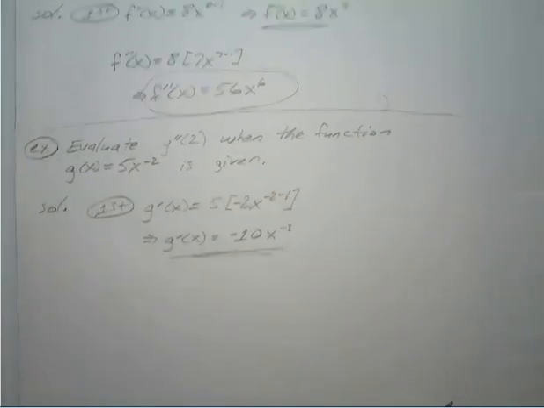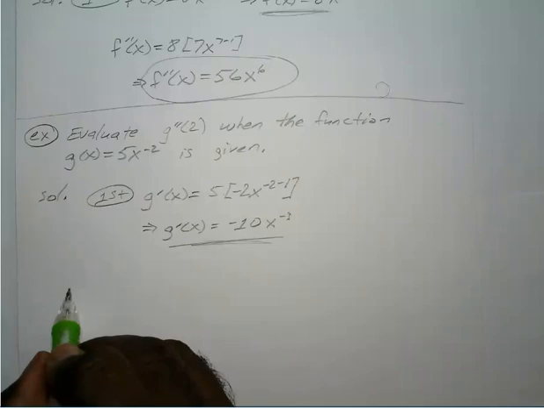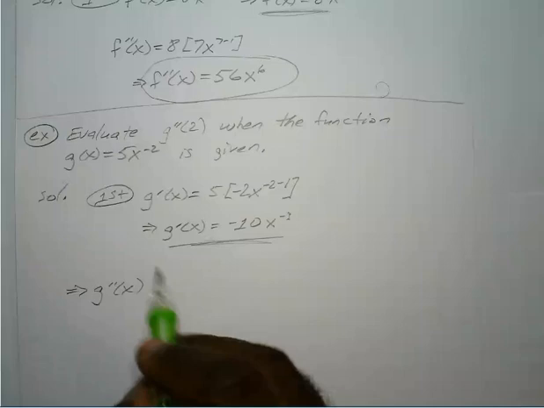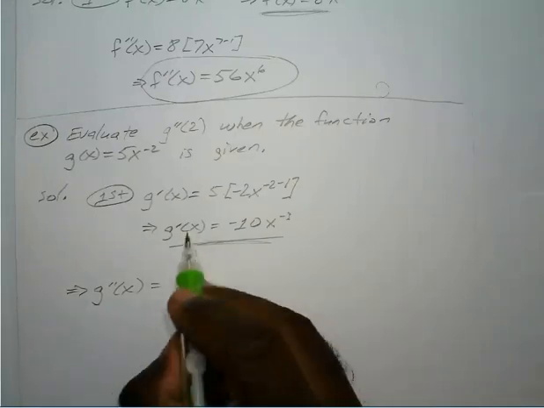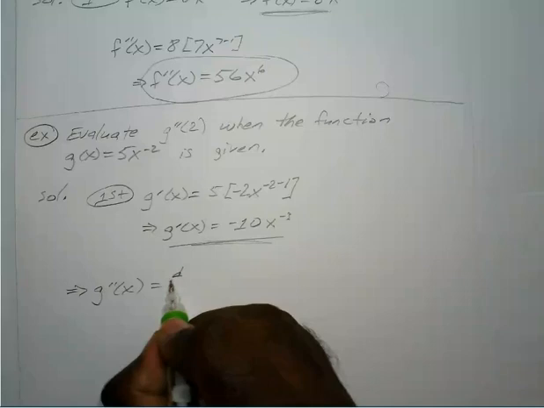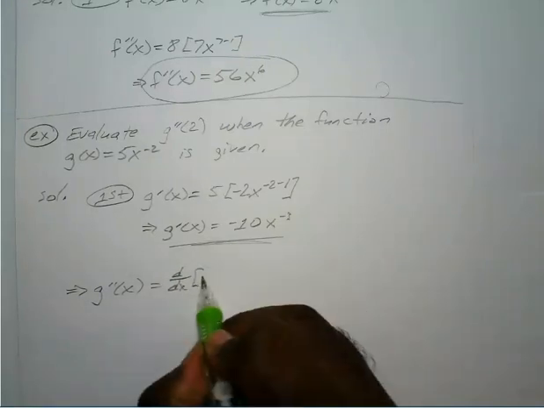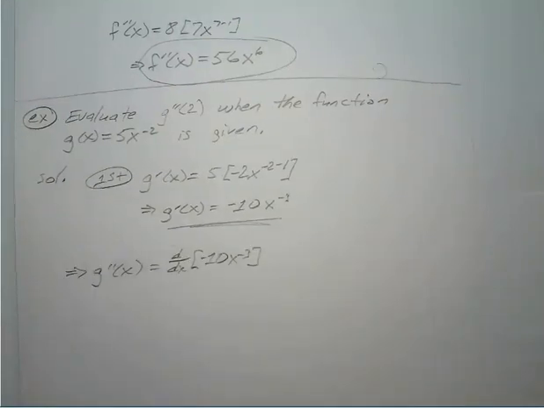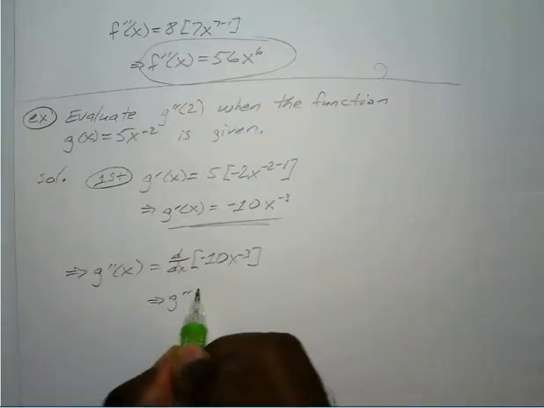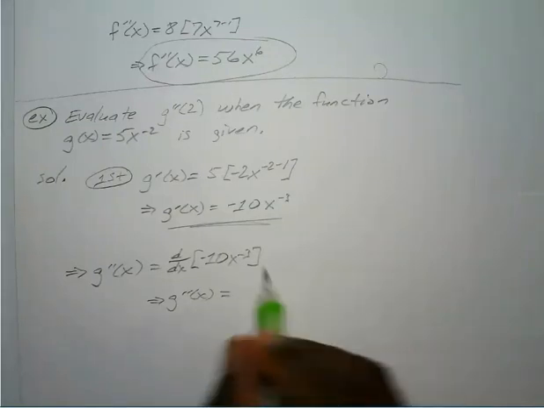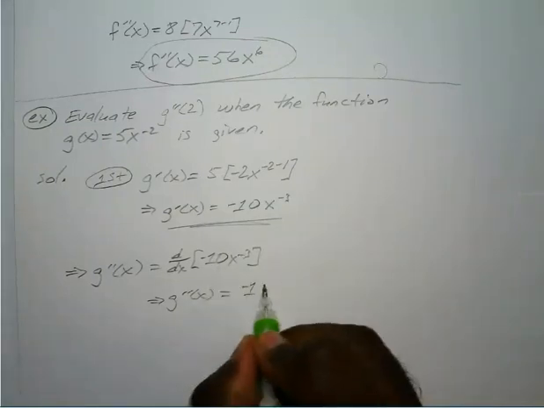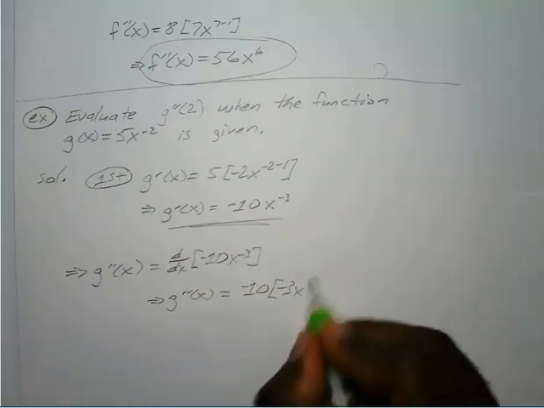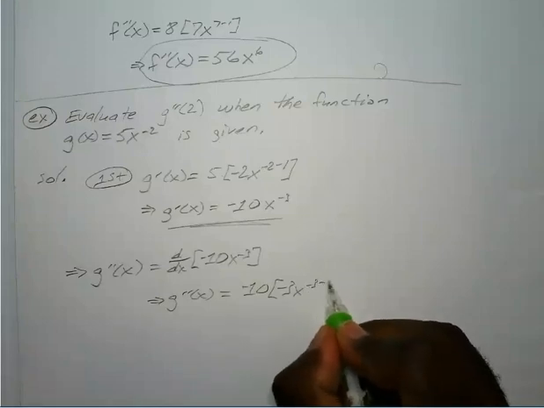Alright, so now we go ahead and find our second derivative. Your second derivative is equal to the derivative of your first derivative. Alright, so second derivative is equal to, put the negative 10 there first, bring down our negative 3, and subtract 1.